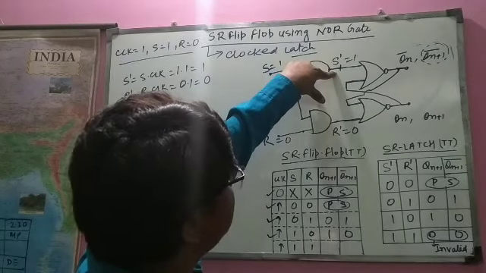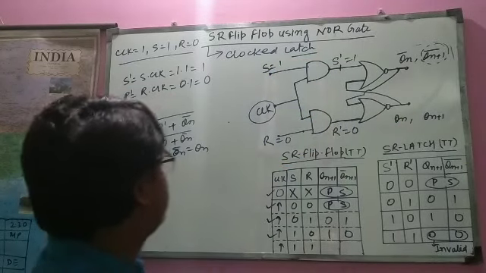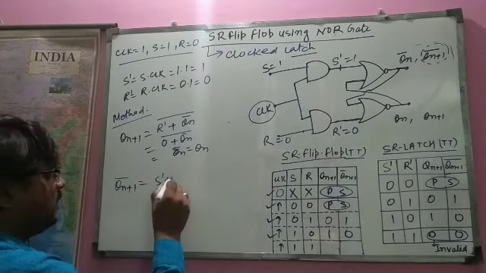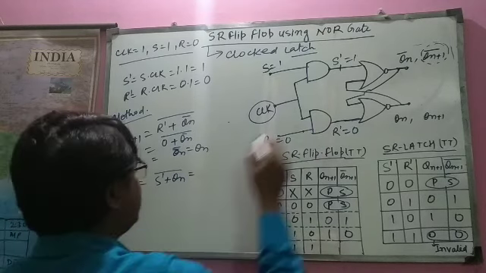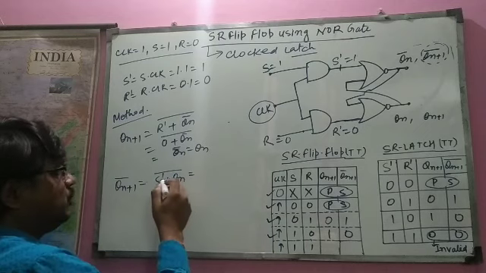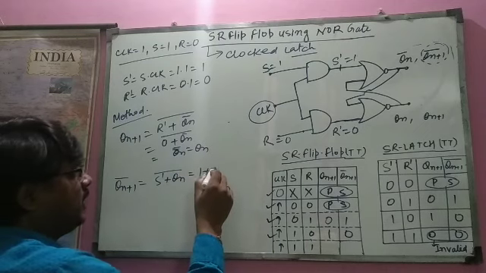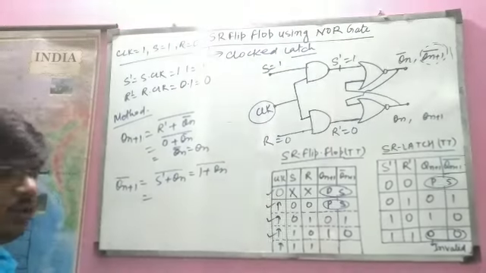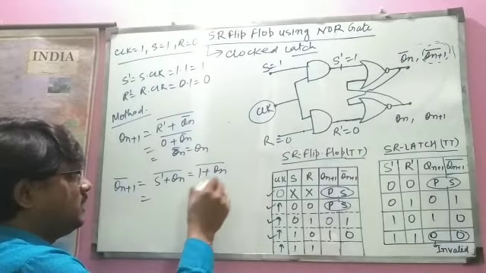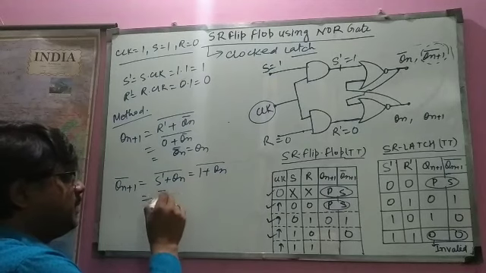This is S dash and this is Qn. So this is (S dash plus Qn) whole bar, since this is a NOR gate. What is the value of S dash? This is 1, and this is Qn whole bar. 1 plus Qn means 1, and that bar is 0.